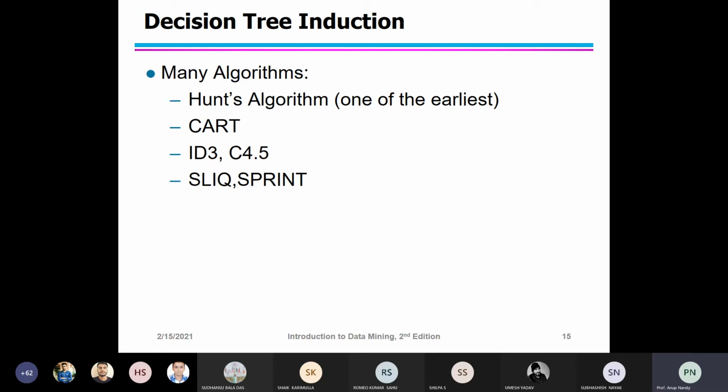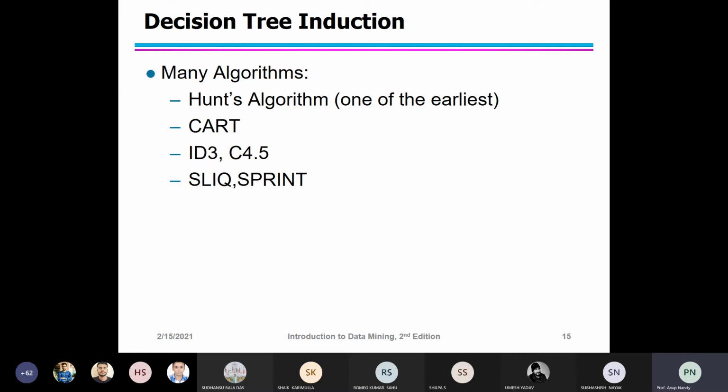There's Hunt's algorithm. There's another called CART, Classification and Regression Tree. There's ID3, C4.5. So these are the many algorithms for how to grow and build a decision tree. But we'll be applying a greedy approach to grow a decision tree by making a series of locally optimum decisions on which attributes to use for partitioning the data.